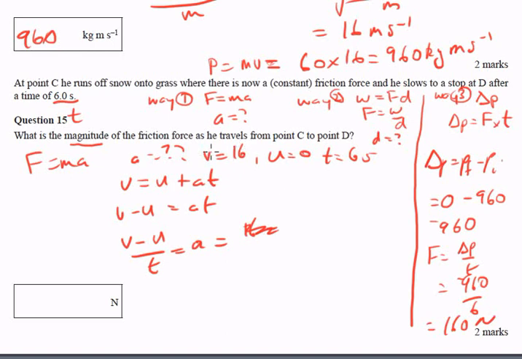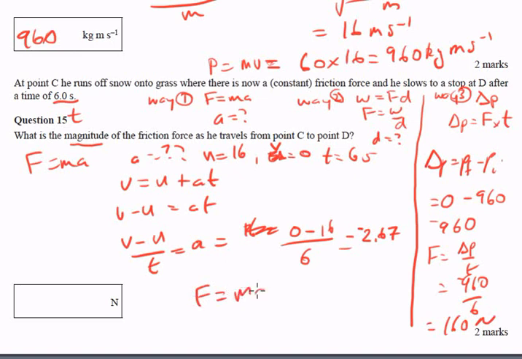Oh sorry, I've got these around the wrong way. His u is 16, his final is 0. So we've got 0 minus 16 divided by 6, and that equals minus 2.67.